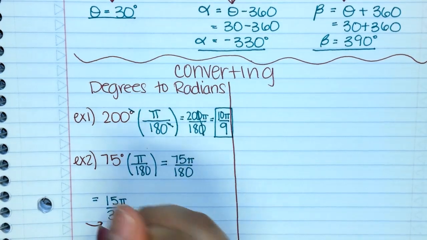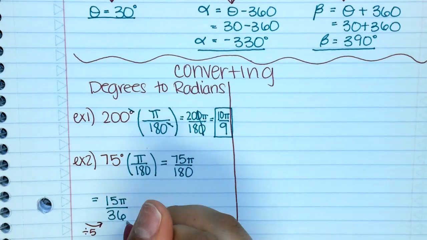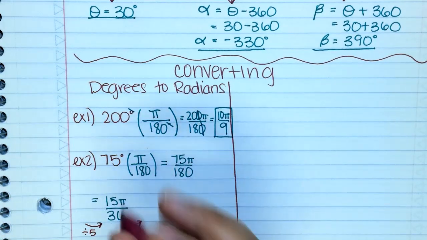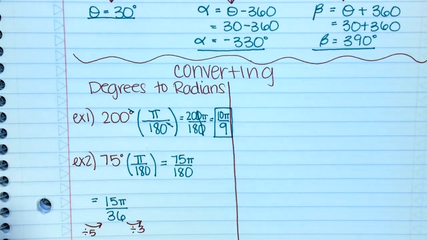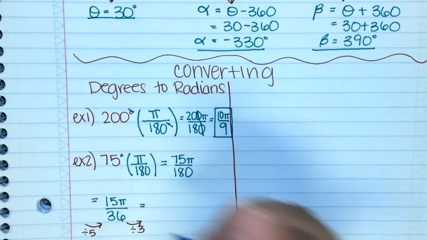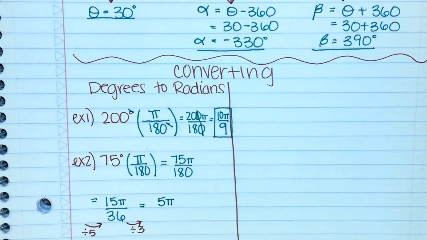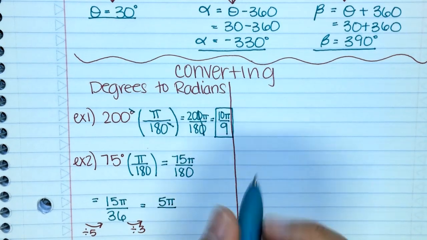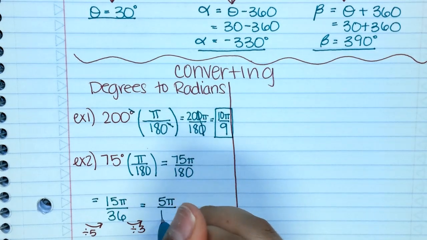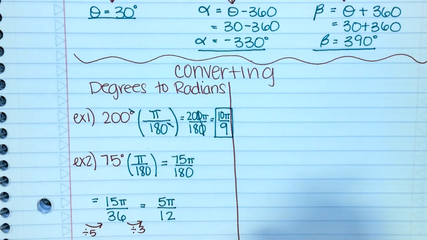So from here to here, we divided by 5. From here to here, we can divide by 3. And what does that give me? 36 divided by 3 is 12, so 5 pi over 12. Can I reduce it any more?